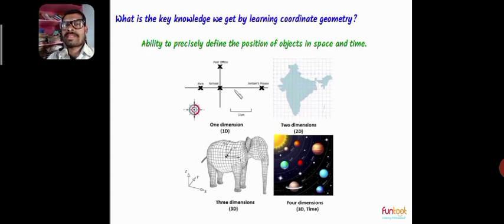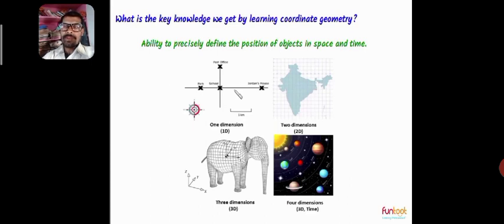What are the four dimensions? One dimension is length, two dimensions is length and breadth, three dimensions means length, breadth and height. And one more dimension is time. In your higher study you are going to study four-dimensional space, that means length, breadth, height as well as time.